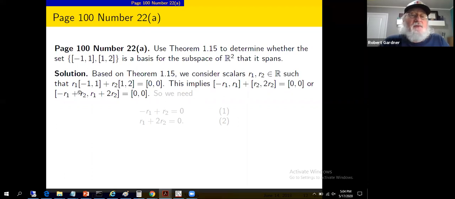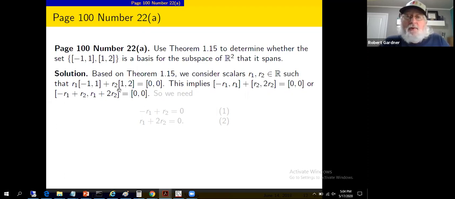If not, if R1 and R2 need not both be 0, we don't have a basis. So that's the plan. Let R1 and R2 be scalars, and we'll take a linear combination of those two vectors, set equal to the 0 vector.